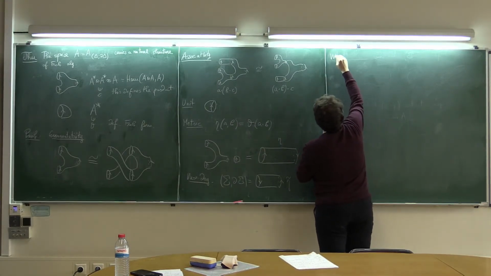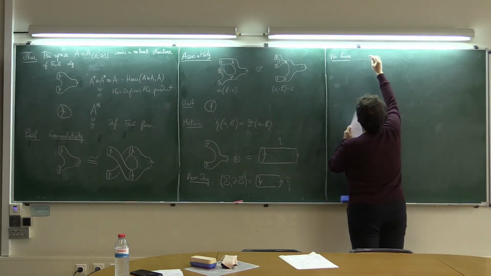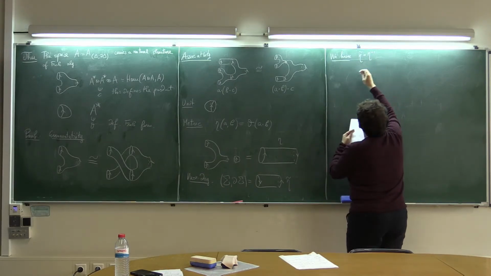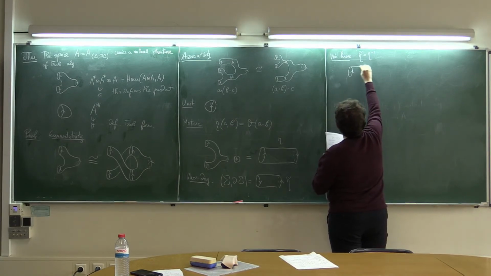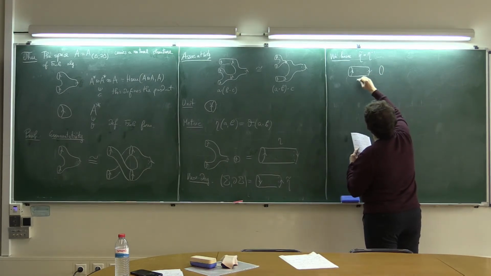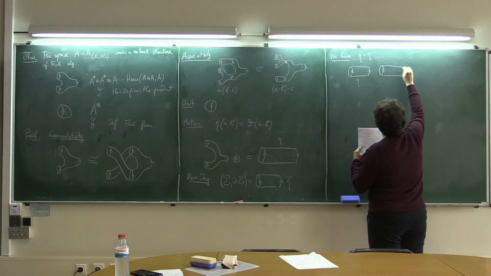So we have that eta tilde equals eta inverse. Why? Because I can glue this pair. So this is eta. This is eta tilde.